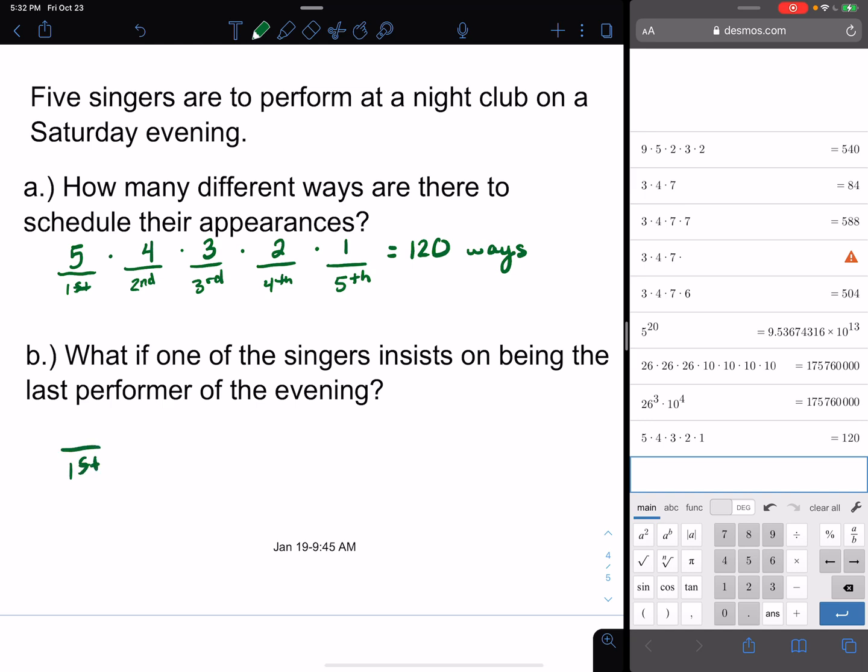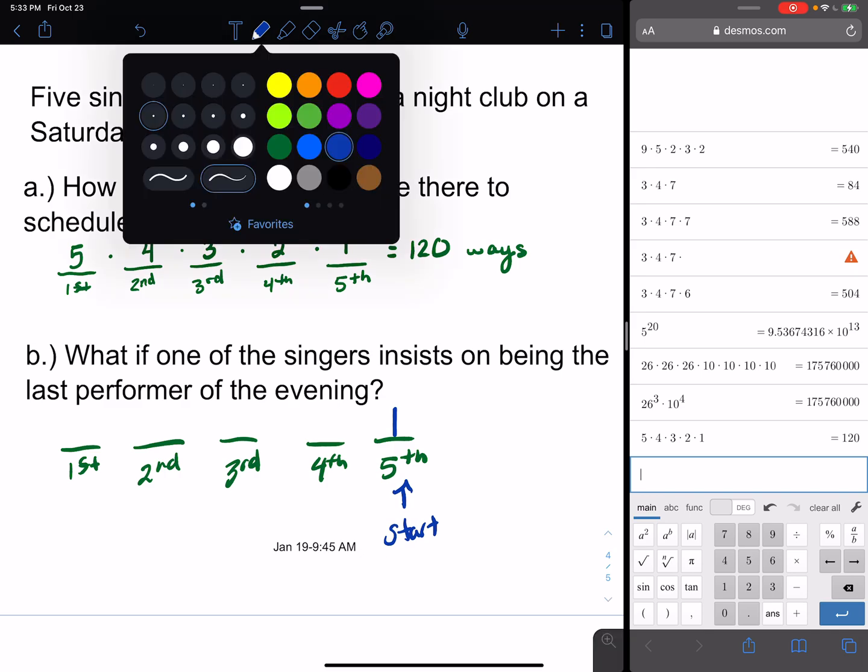So if we think about the first, who's going to go second, who's going to go third, who's going to go fourth, and who's going to go fifth, this time I'm actually going to start in that 5th spot. So one person insists on being the last performer. So if I'm agreeing to that, then there's only 1 possible option that I could do there.